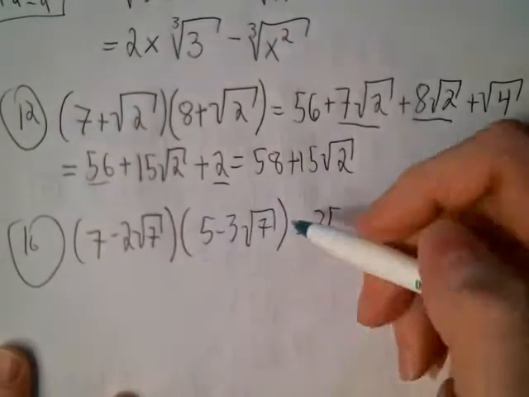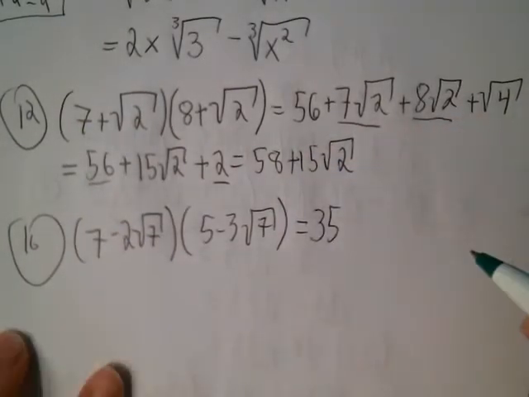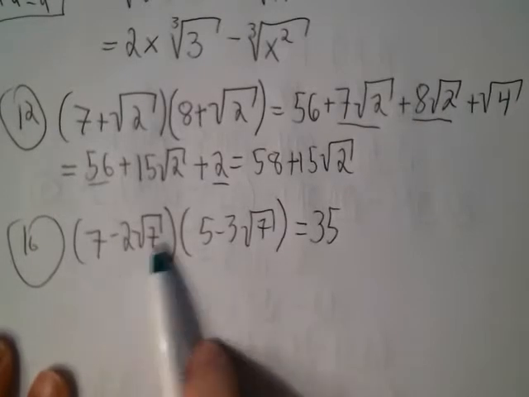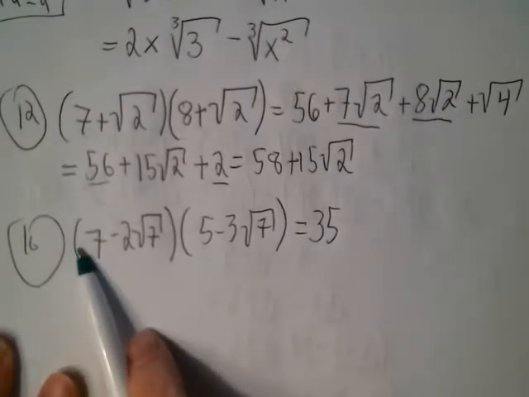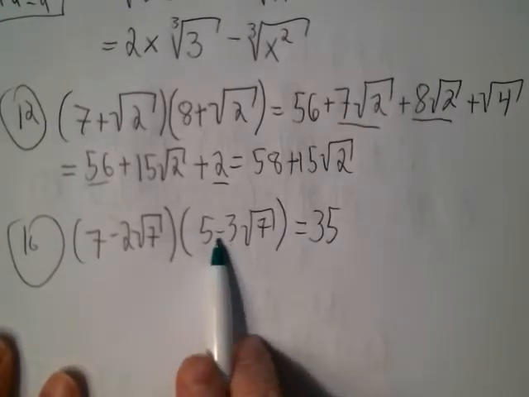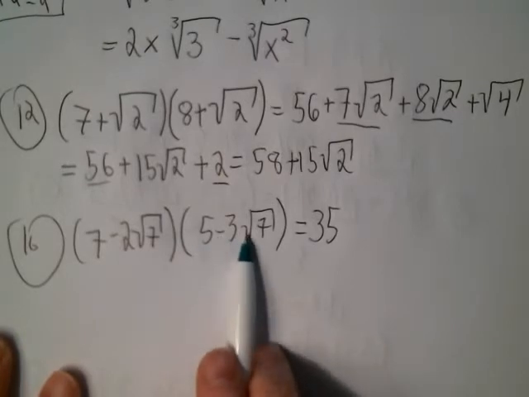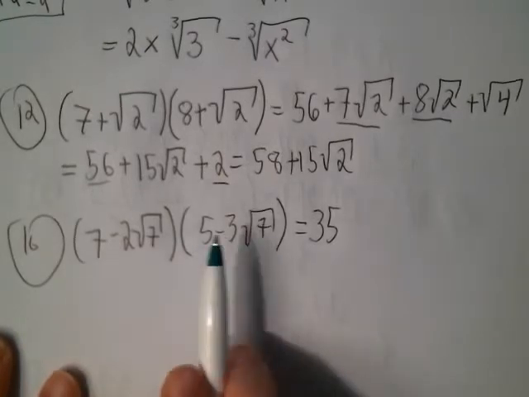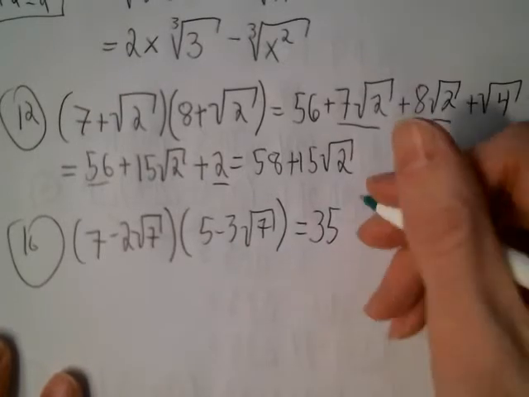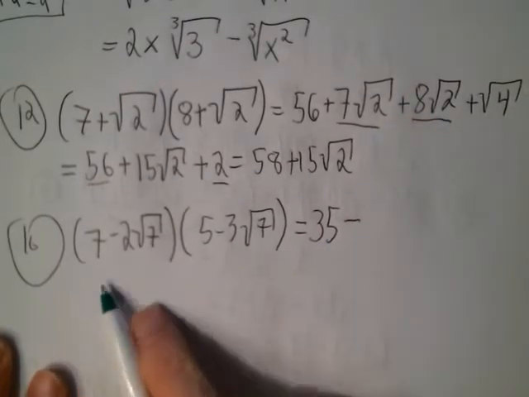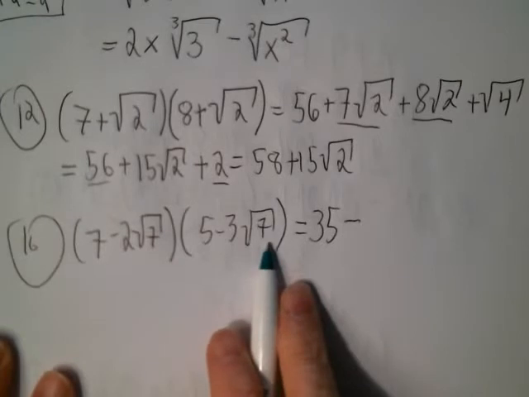The outer, 7 times negative 3 times radical 7. So it'll end up being a negative. So this is a positive term times a minus term, so a positive times a negative is negative. Okay, so the minus, and then I'll have 7 times 3 times radical 7.